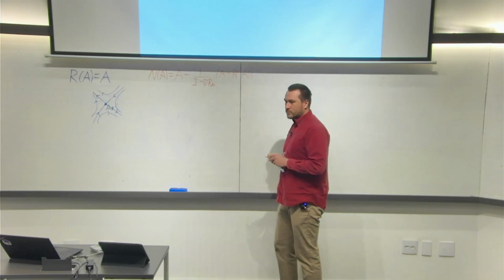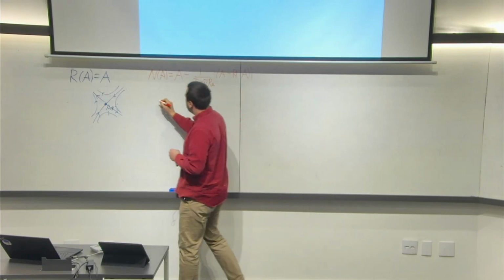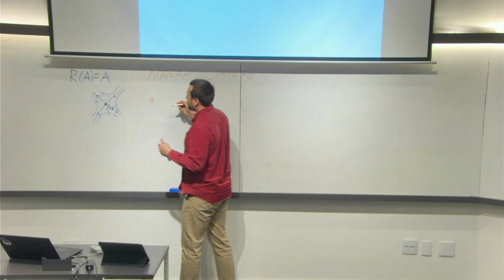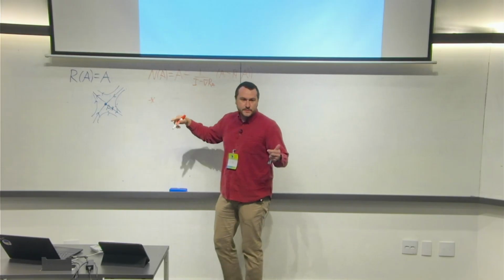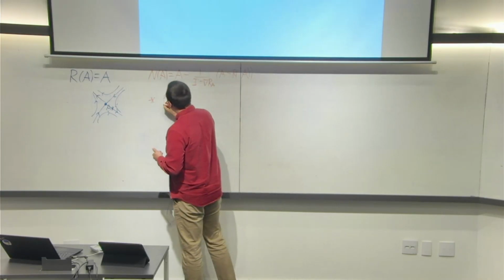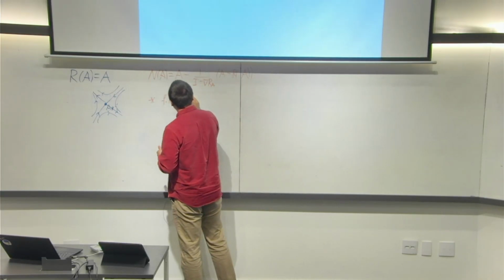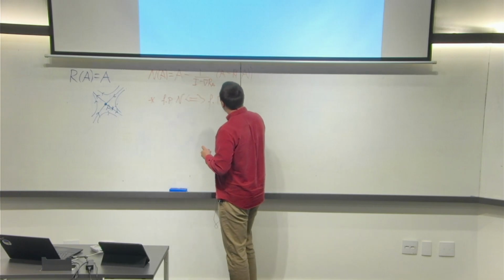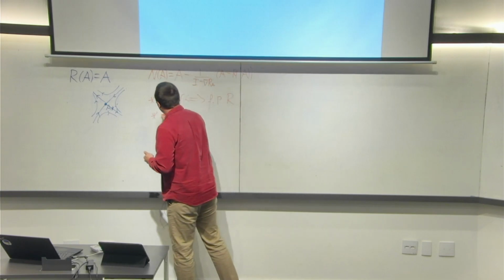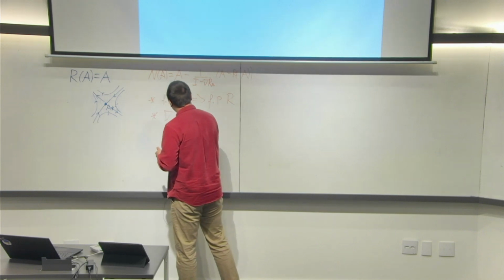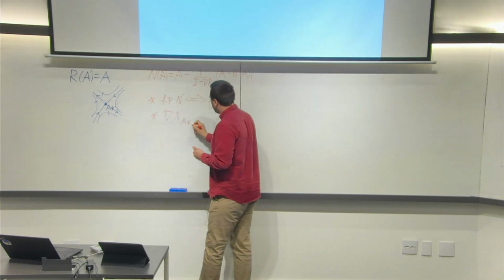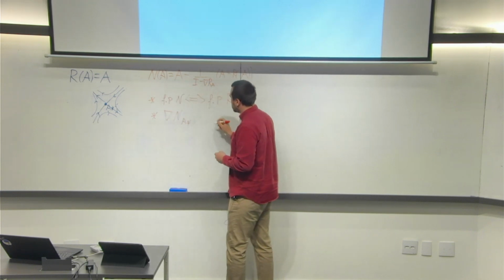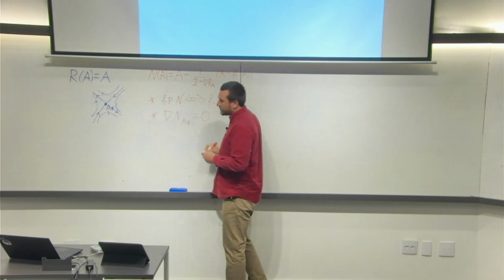And it has two good properties. First, being a fixed point for N of A is the same as being a fixed point for R. And second, if you compute the Jacobian of N at A star, imagining that you have this A star, then this Jacobian is 0.